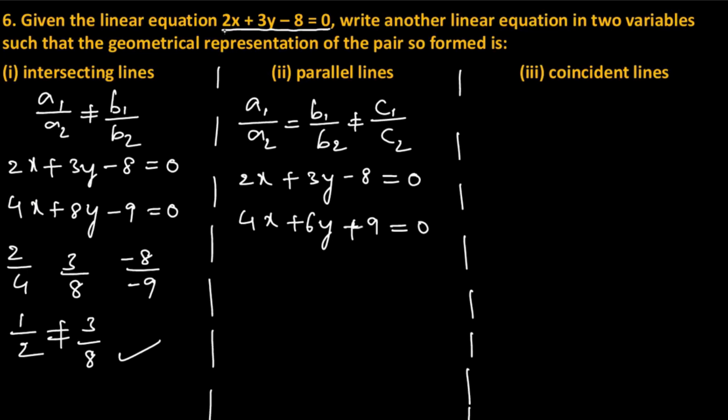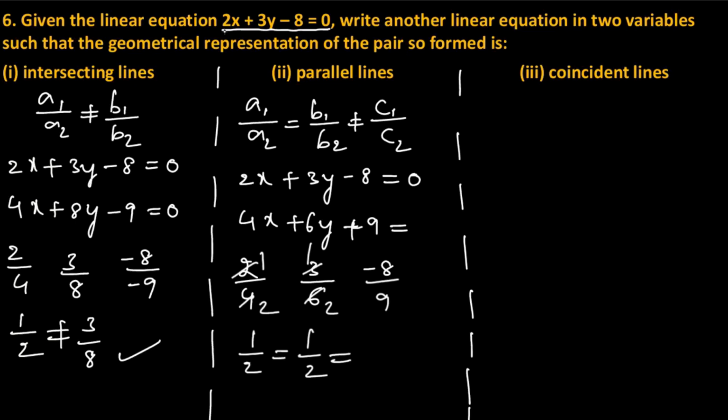So 2 by 4, this is 3 by 6 and this is minus 8 by 9. 1 by 2 is equal to 1 by 2 but not equal to minus 8 by 9.